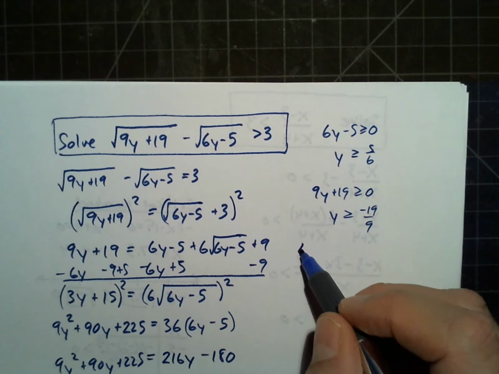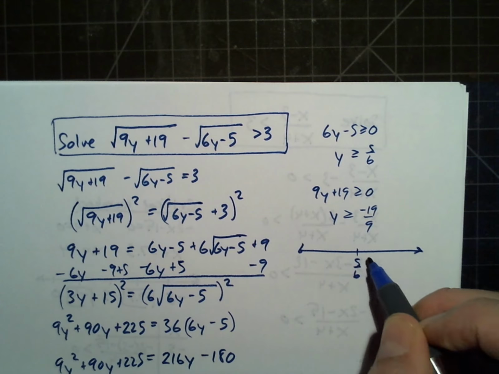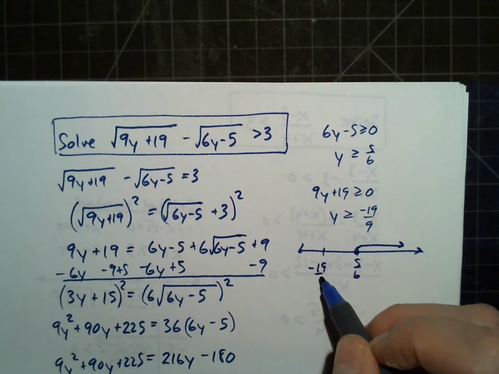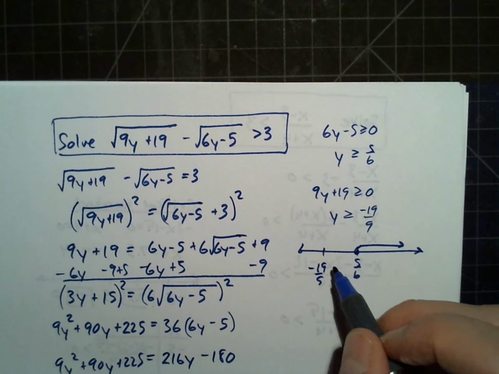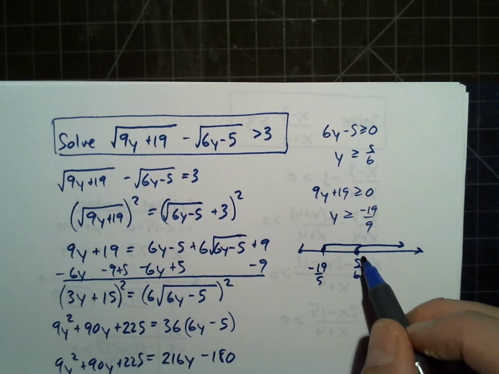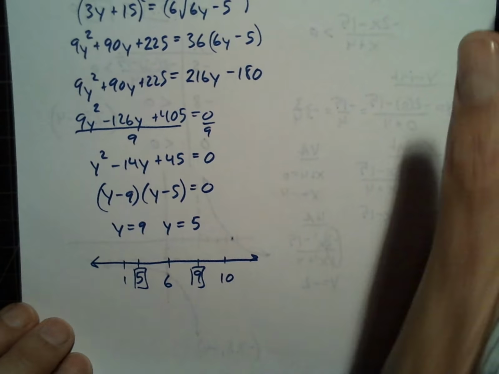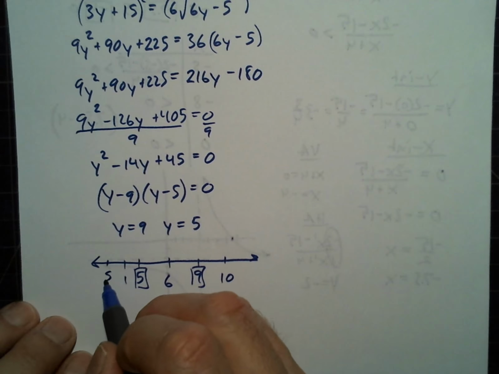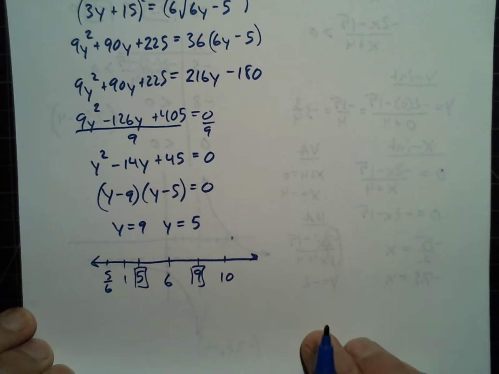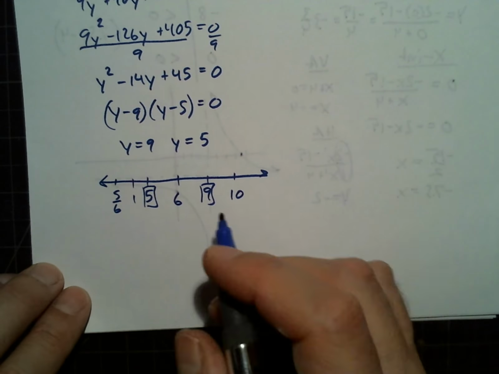If we're looking at 5/6, we have to be greater than 5/6, and we have to be greater than negative 19 over 9. So that means for both of them to be true, we have to be greater than 5/6. And that means over here, we can't go below 5/6. We wouldn't want to check a number below that. And so now we check.